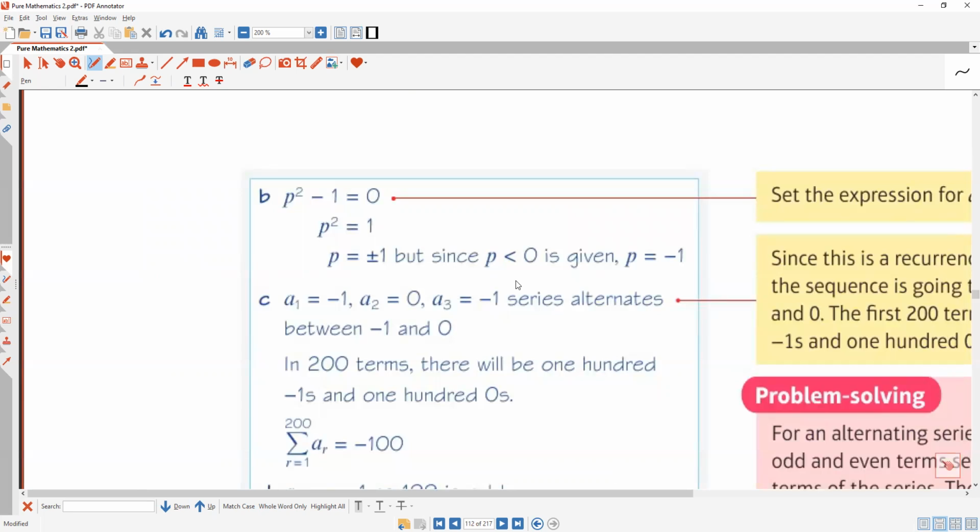Online everyone, why not? From minus 1, look: minus 1, 0, minus 1, 0, minus 1, 0. This happens 200 times, and out of that 100 times it is minus 1. So what's your sum? 100 into minus 1. If 100 times someone steals 1 riyal from you, and your balance is already 0, what will your balance be? Minus 100 riyal.